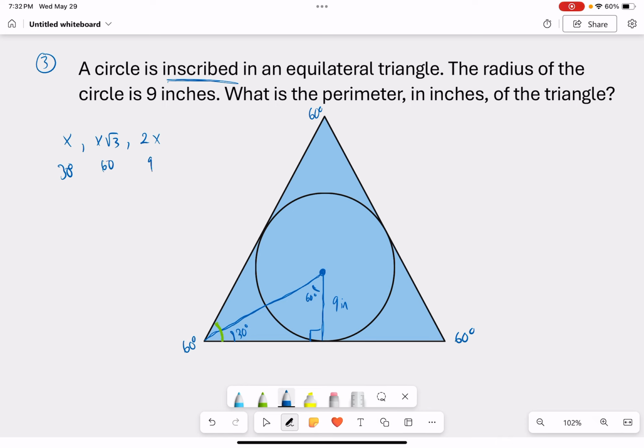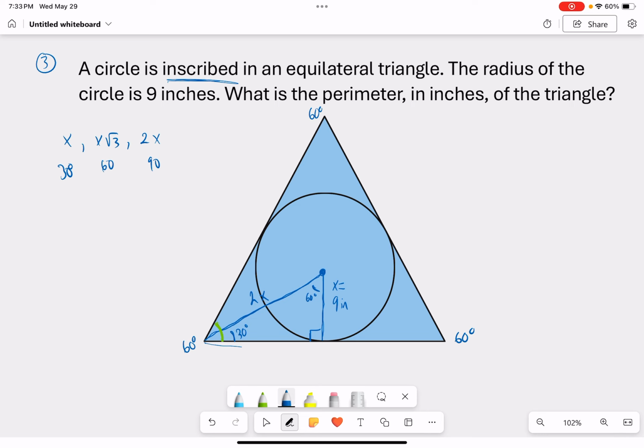And the 90 degree angle, being the largest, gets the largest measure, 2x. Because 30 receives the x, 9 is equal to x. We don't really need to know what the 2x side is.